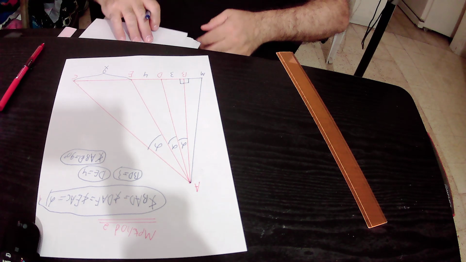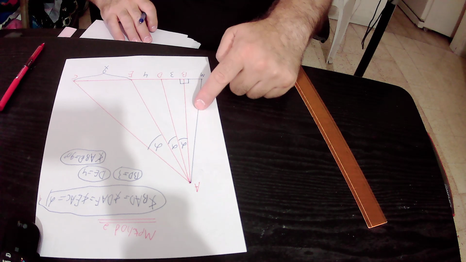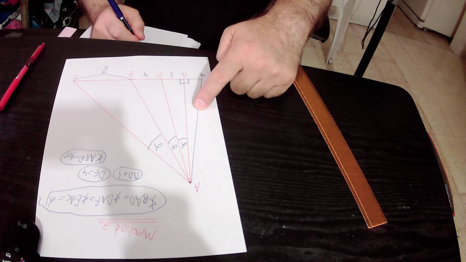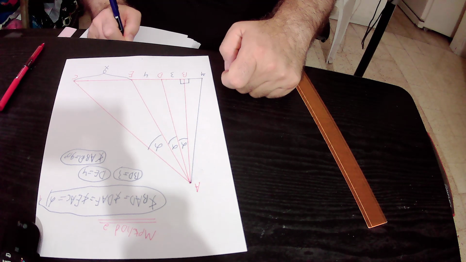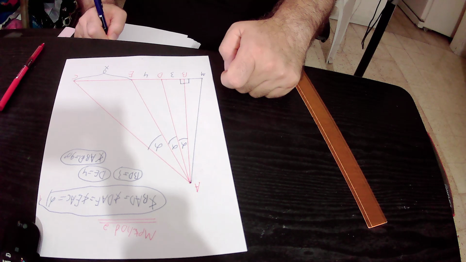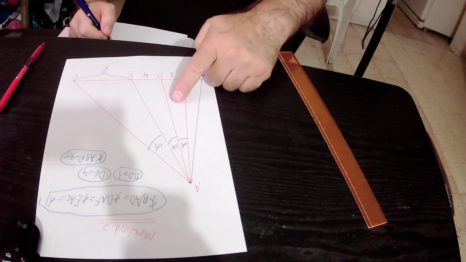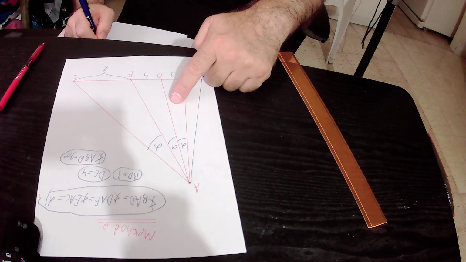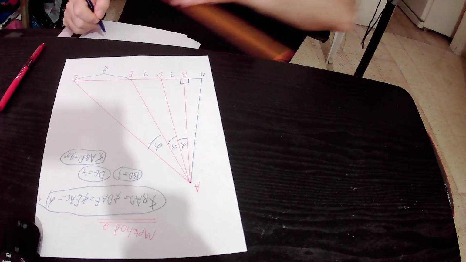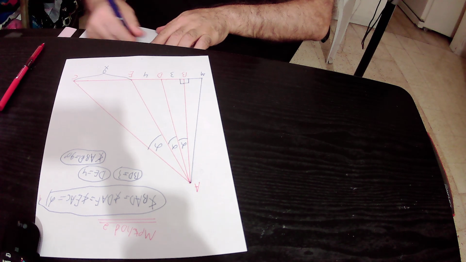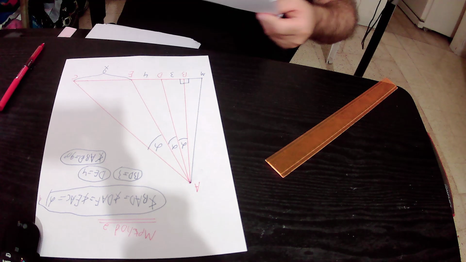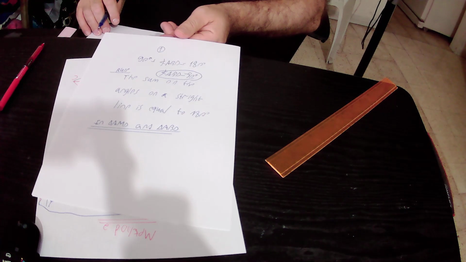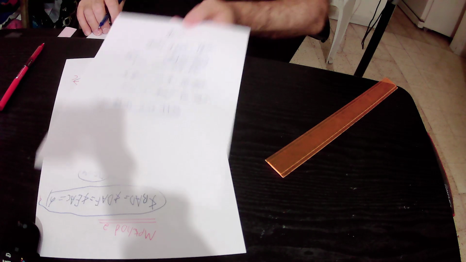So we will focus on the right triangle AMD and on the right triangle ABD.